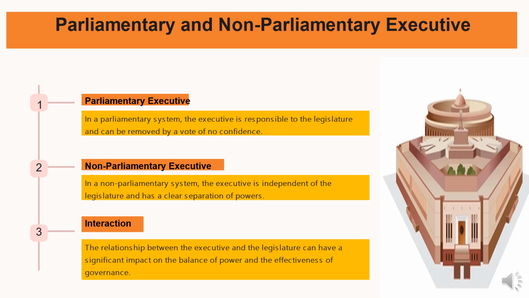A parliamentary executive is a system where the executive branch derives its legitimacy and authority from the legislature, which means parliament in India, and is accountable to it. This system is common in many democracies around the world.